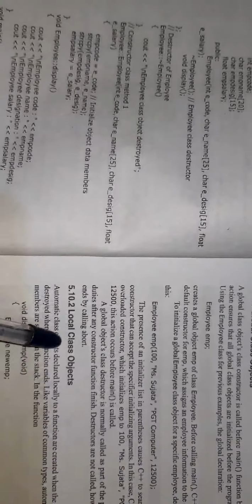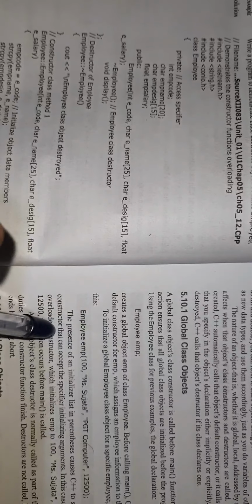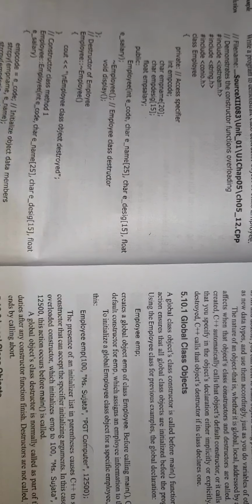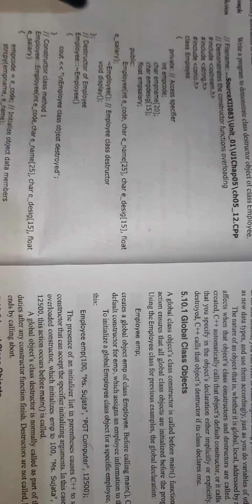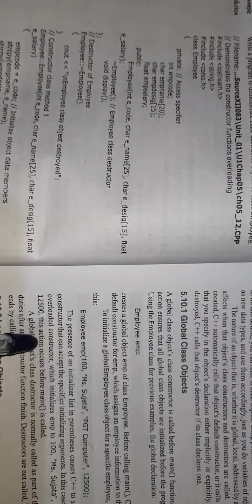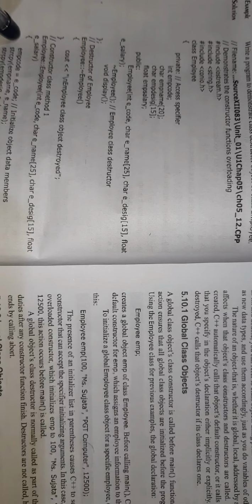The rest is just global class objects and local class objects: how an object gets declared locally, how an object gets declared globally. We have seen that in the previous programs. Local class objects we see in all the programs. Global class objects we have also seen when we used the constant keyword.